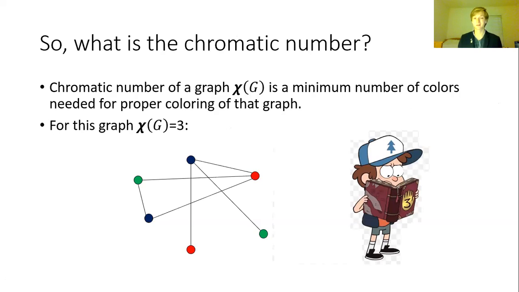Because there is a triangle there, which has all vertices connected. If we paint it in two colors, then two of the three vertices are going to be the same color, and they're connected. So we cannot do that. That's why the minimum is three. And as you can see, three works totally. We have green, blue, and red. No blue are connected, no green are connected, no red are connected.